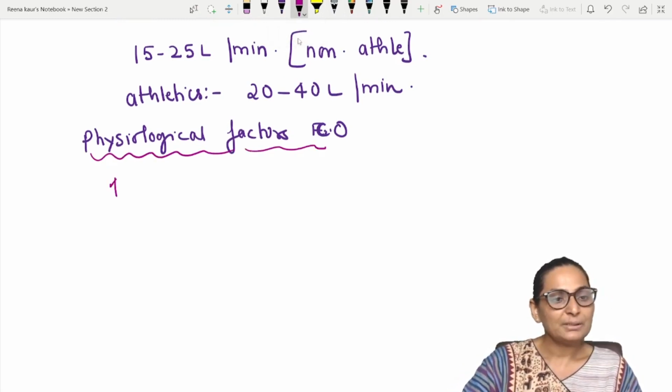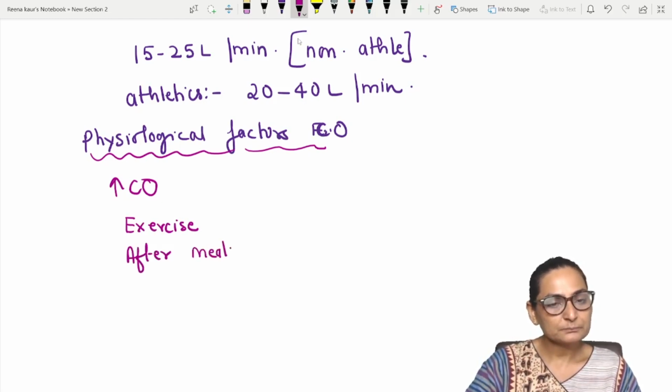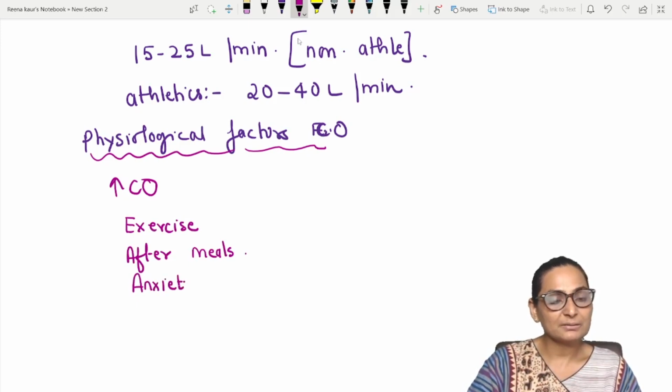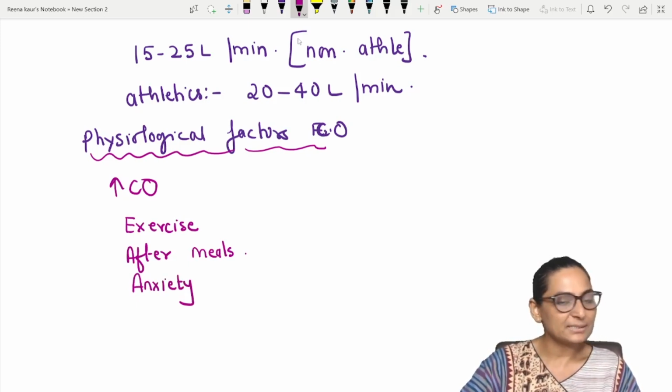For example, increase in cardiac output very physiologically in exercise, even after meals, in conditions where there is increase in the sympathetic rush, anxiety, then any strong emotions, excitement.